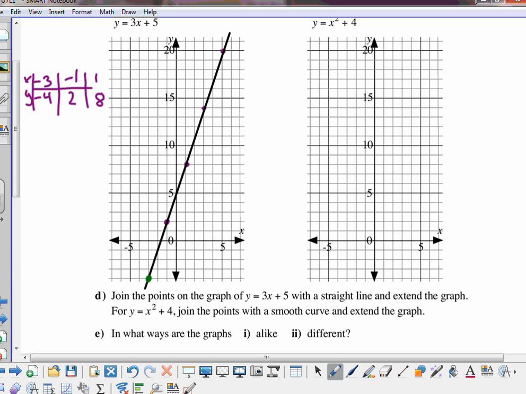I want you to take the points from the previous page and plot this guy. So the points were negative 4 and 20. I'll write them down here.